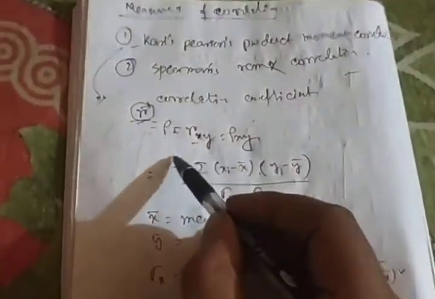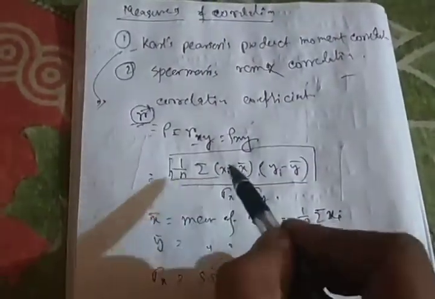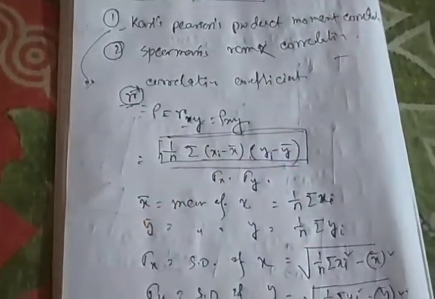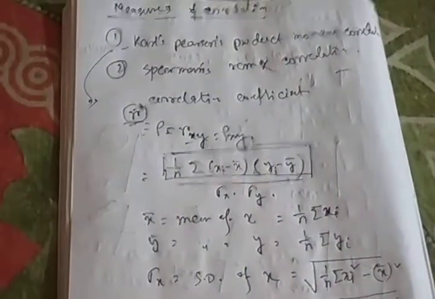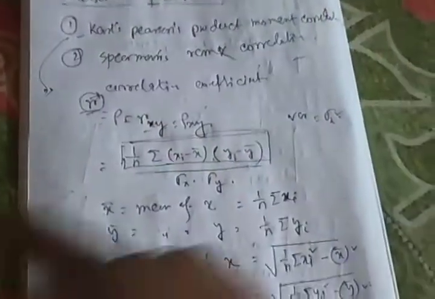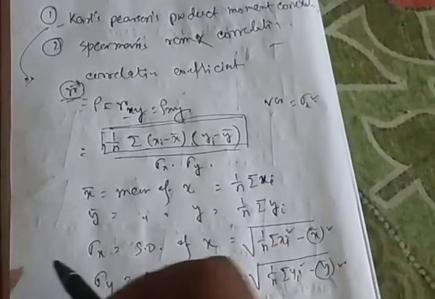Now there is a simple concept for this part here. As for a single variable we have the variance, which is known as sigma x square. If we take the square of this term, we get the variance of x; if we square it for y, the variance of y.